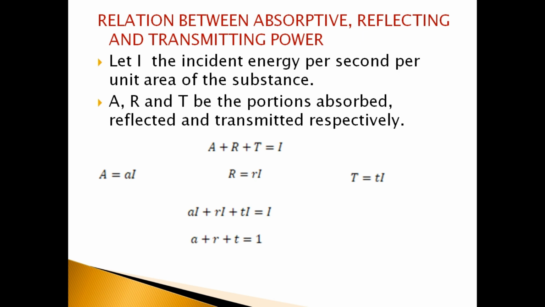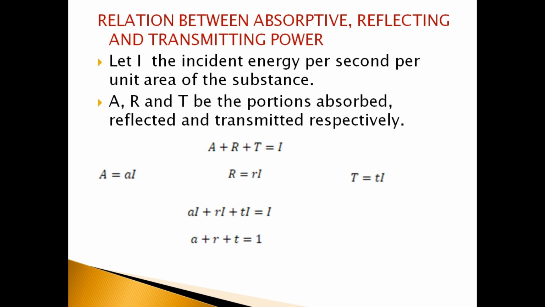Now, capital A can be written as small a times I. What is small a? Small a is absorptive power. So the absorbed energy is equal to absorptive power times I, the incident energy per second per unit area of the substance. Now R is the reflected energy per second per unit area of the substance.